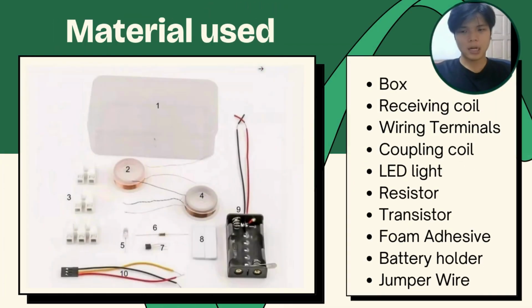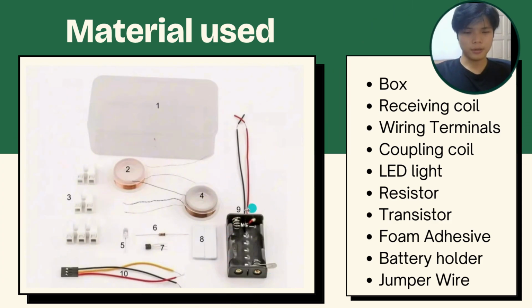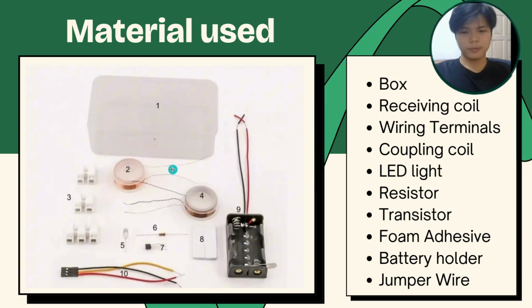Next, I will be explaining the materials that will be used in the experiment. We use a battery cell holder to hold the DC source and two coils made out of copper wires. The coil with two terminals is used on the receiver side in the secondary circuit, and the coil with three terminals is used in the primary circuit.